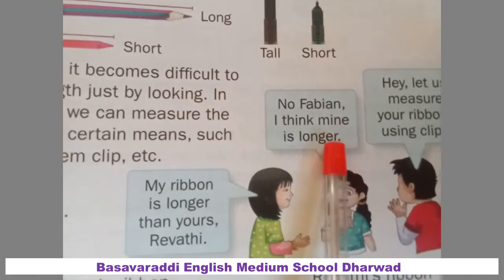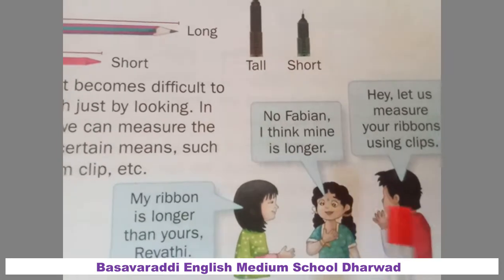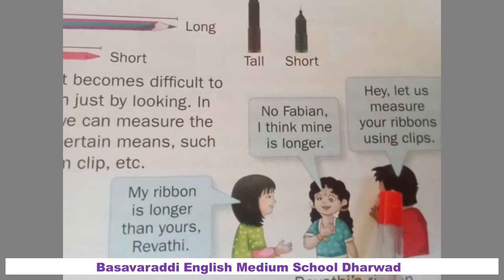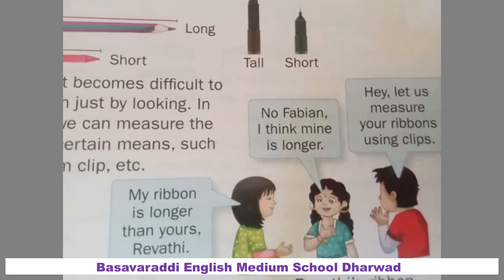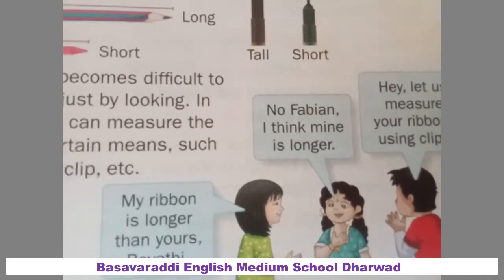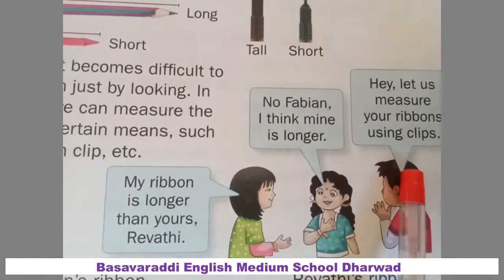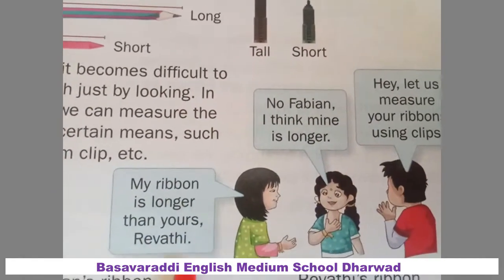Then what does he say? Hey, let us measure your ribbons using clips. Now what do we have to do? You say mine is bigger, yours is longer. So we have to use the clip, that is the object, to measure the length.